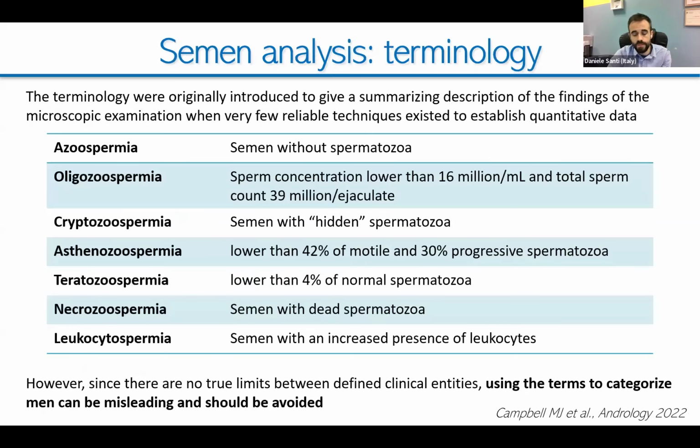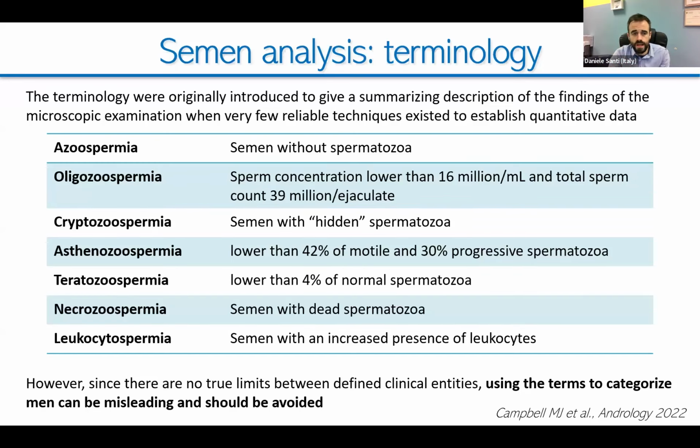derived from semen analysis, since we generally use these terms in our clinical practice. So the term oligozoospermia when we have low sperm concentration or low total sperm number, asthenozoospermia when we have reduced motility, teratozoospermia reduced normal morphology.